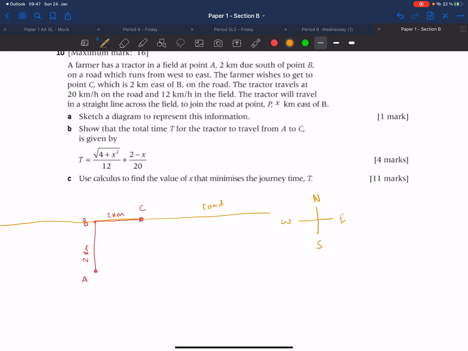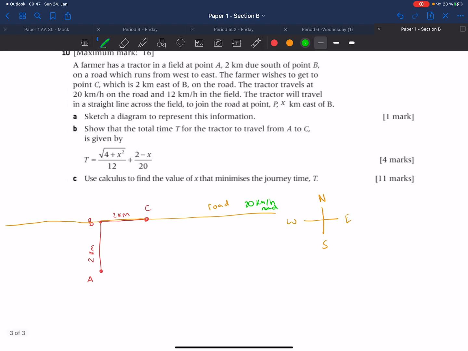The farmer wishes to get to the point C, which is 2 kilometers east of B on the road. The tractor travels at 20 kilometers an hour on the road and 12 kilometers an hour in the field. So how can I write that down? So 20 kilometers per hour on the road and 12 kilometers per hour in the field.